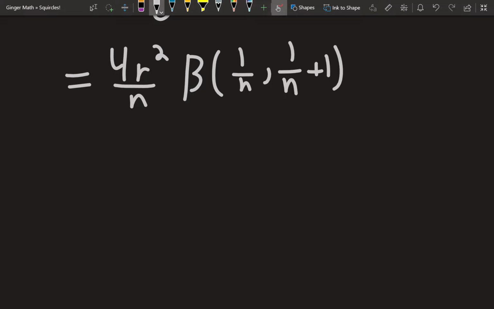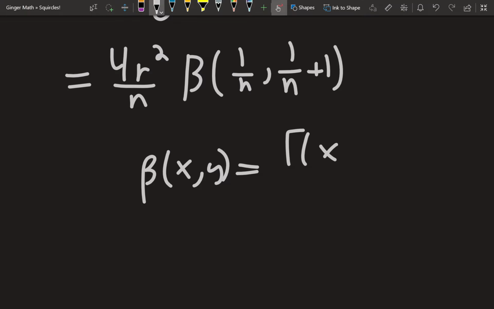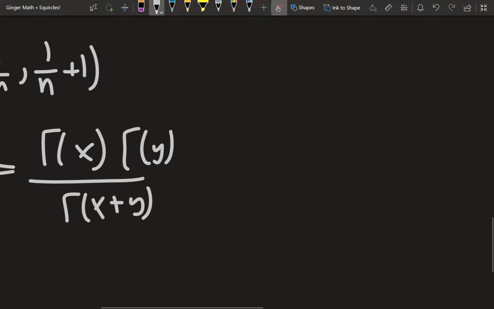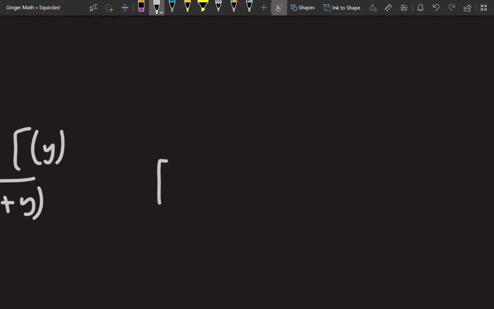They come up a bit here and there, but we're just going to be using the identity where beta of, say, x and y is equal to gamma of x, gamma of y, over gamma of x plus y. And for reference, gamma of x is just equal to x minus 1 factorial. That's all.